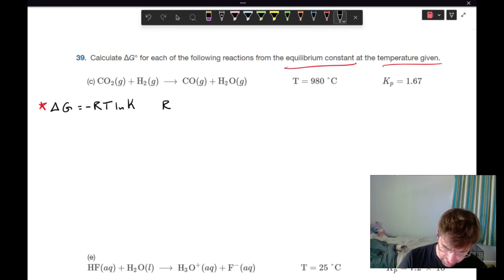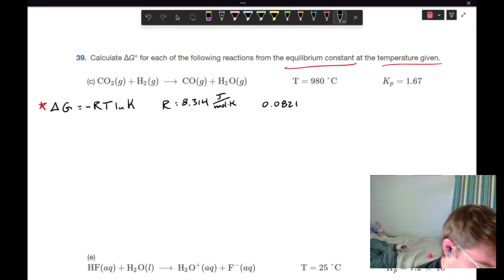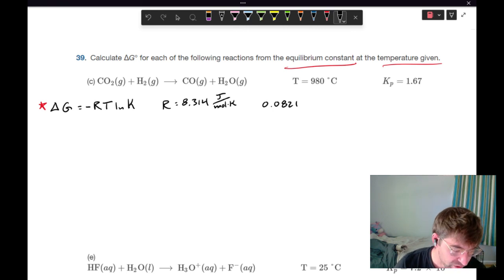R is another value that you're just going to have to memorize. In this case, it's 8.314, and that's joules over mole dot Kelvin. You're also going to see 0.0821, and that's when you're working with liters, atmosphere, mole dot Kelvin.